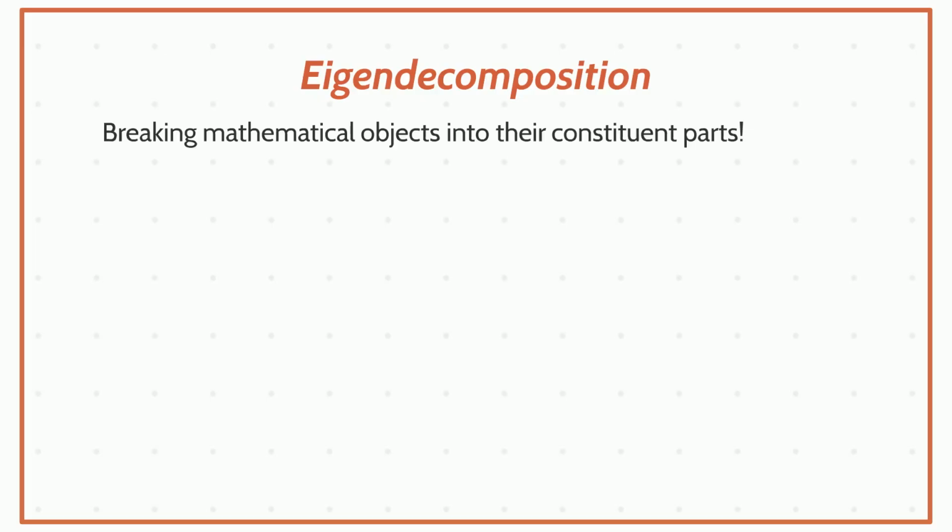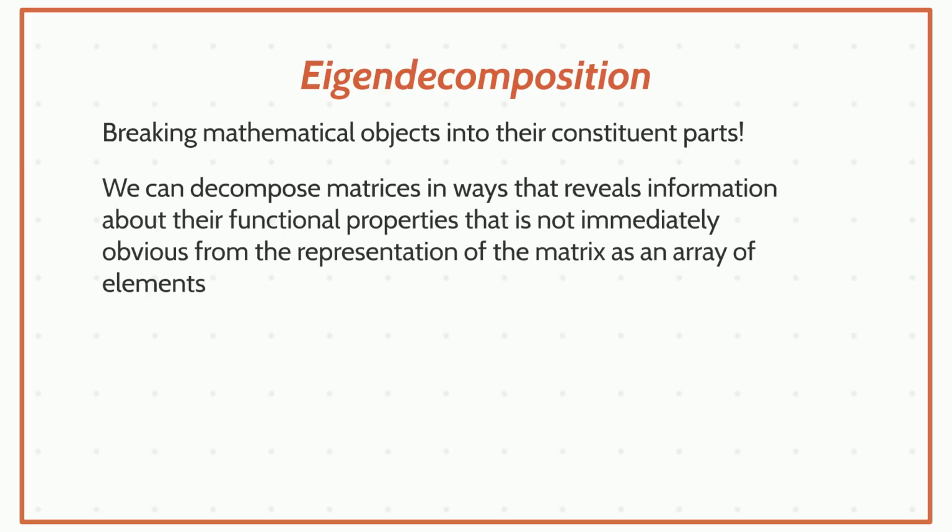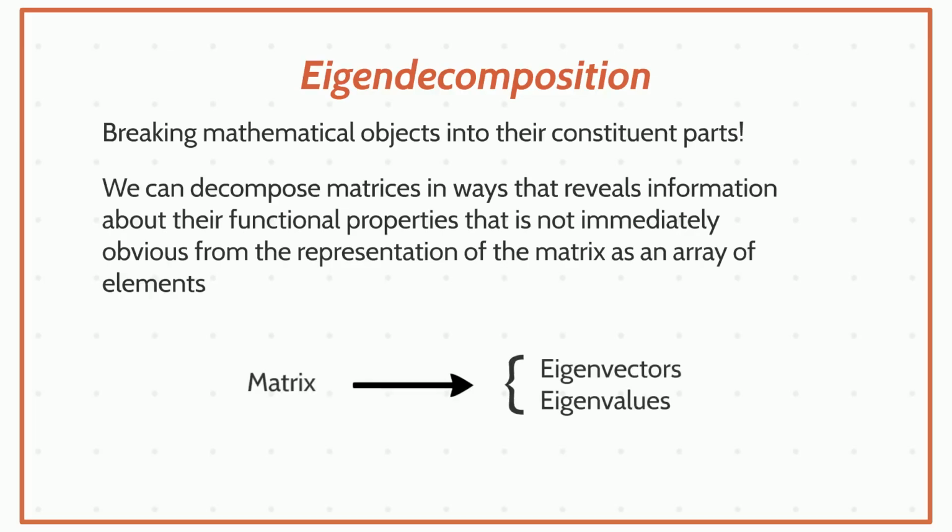Similarly, we can decompose matrices in ways that show us information about their functional properties that is not obvious from the representation of the matrix as an array of elements. And that is essentially why we do eigendecomposition. In this process, we're going to take a matrix and we're simply changing the representation of that matrix.